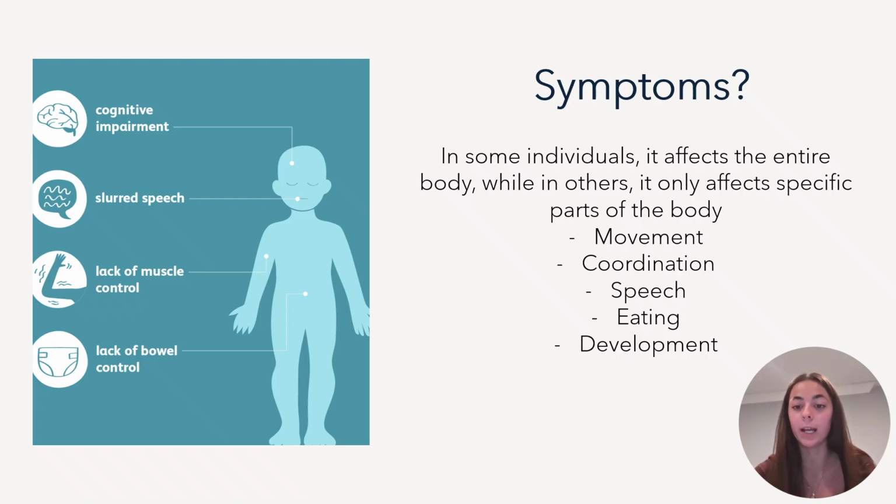The symptoms are going to be different, and how you handle those symptoms is going to be different. It can also come along with cognitive impairment, slurred speech, lack of muscle control, and lack of bowel control, all of which are obviously going to affect the student in the classroom, even at home, and making sure that they have the help that they need during those times is very important.